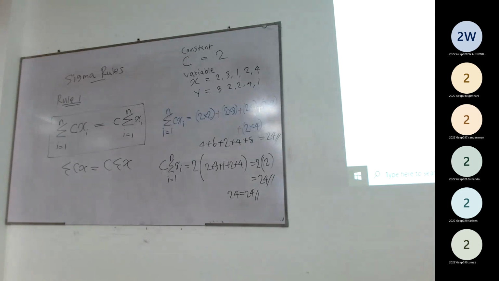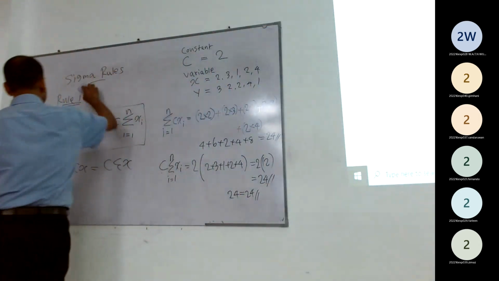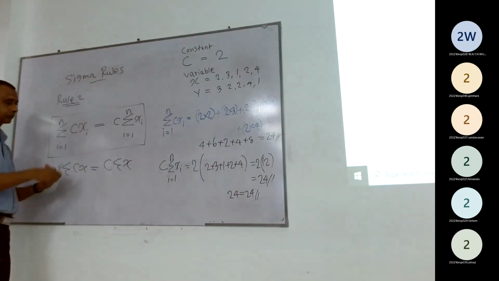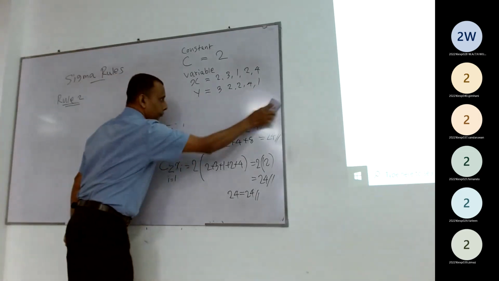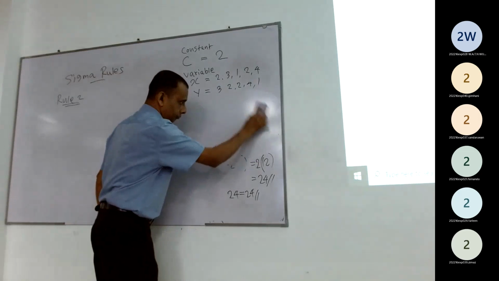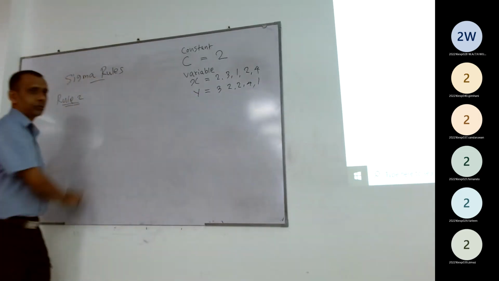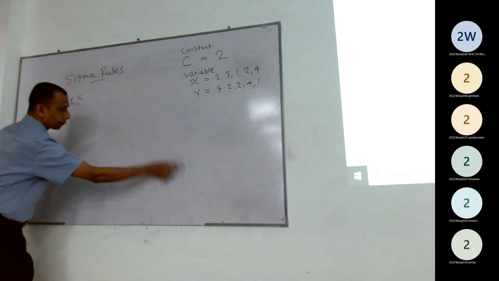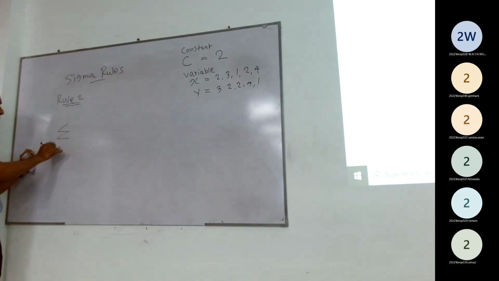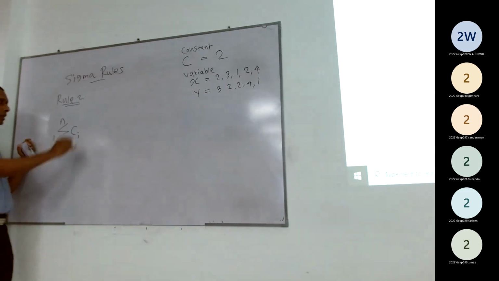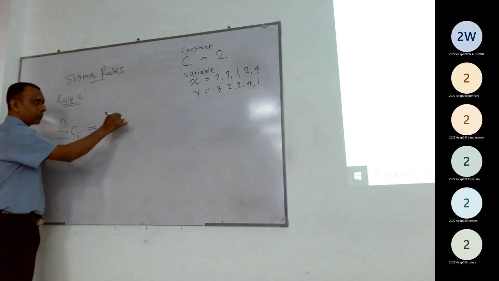Right? Then rule 2, the second rule. It says like this: if you are taking the summation of a constant n times, the answer is similar to the constant multiplied by n.